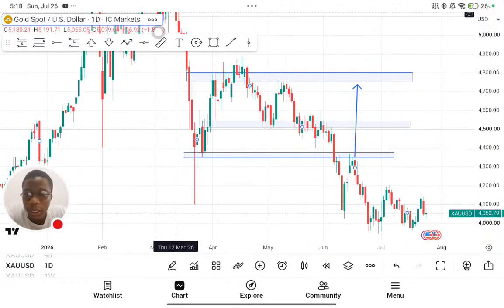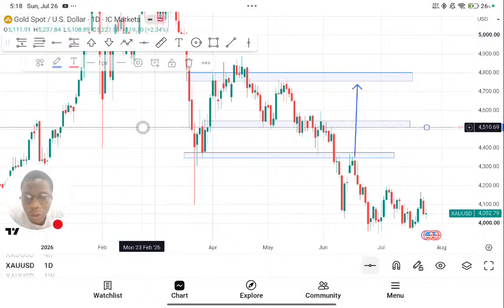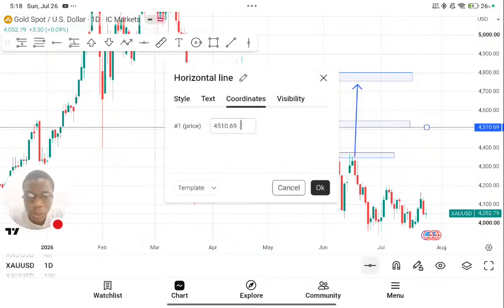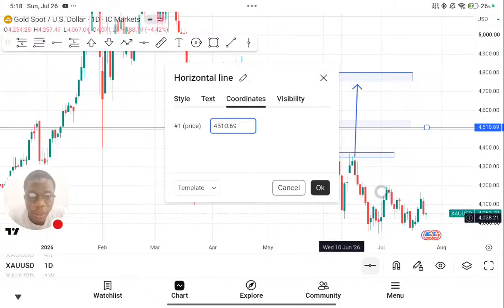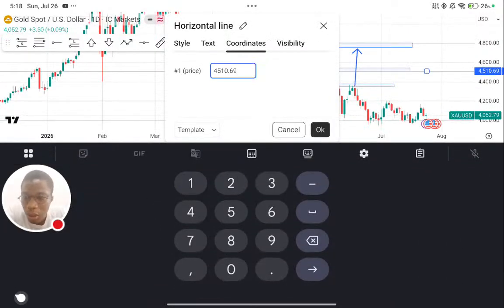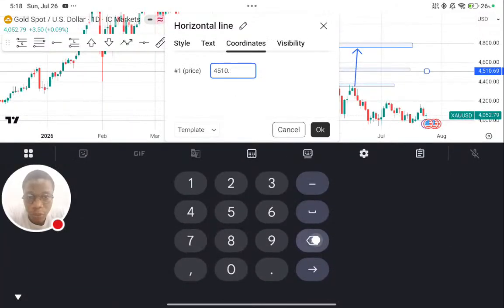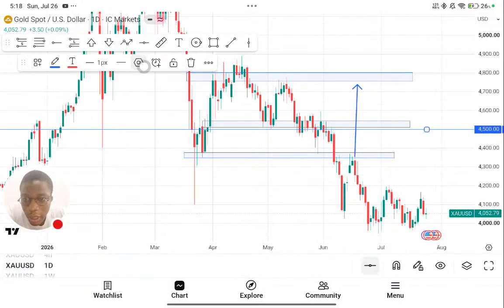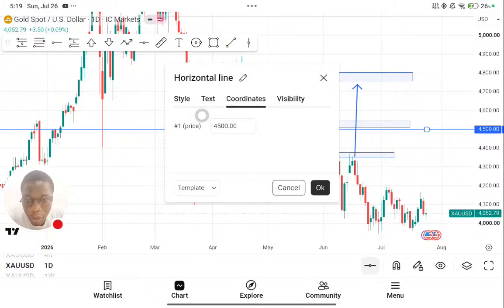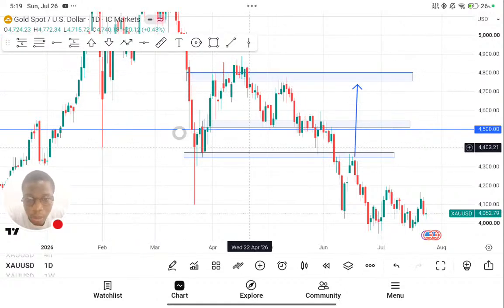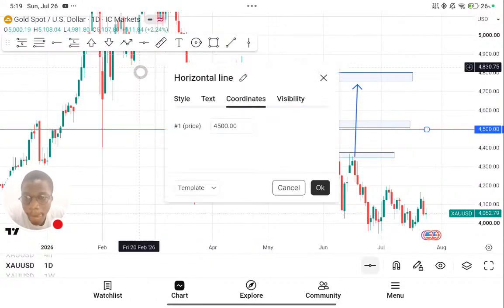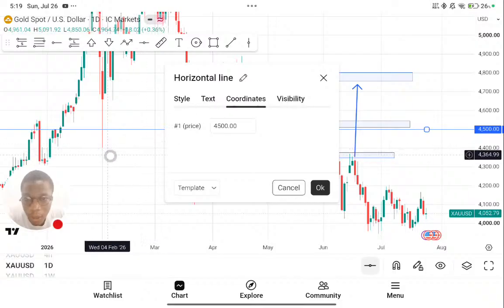To make it easy for you, since you now know how to use the easiest model, I'm gonna use the psychological level, the dynamic support and resistance for you, now that you are aware of what it means. So I'm gonna embolden them.